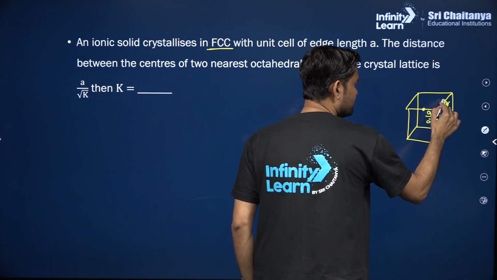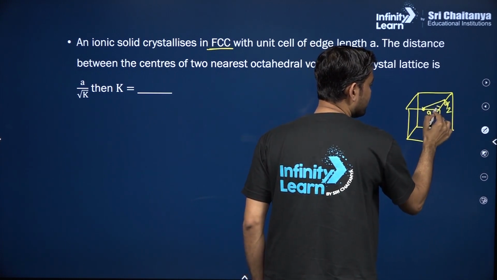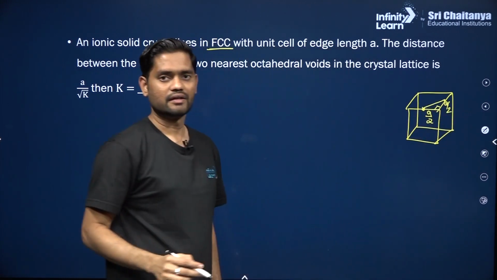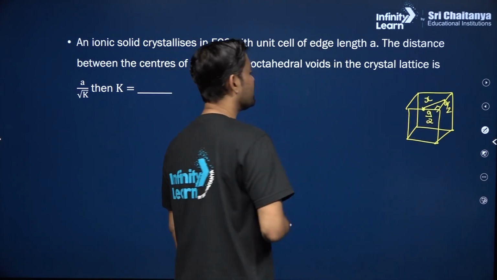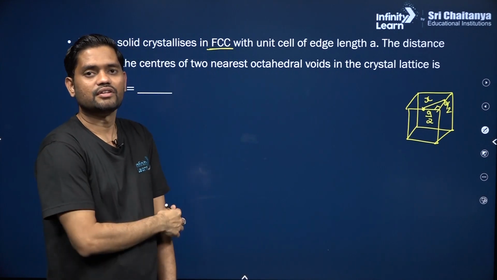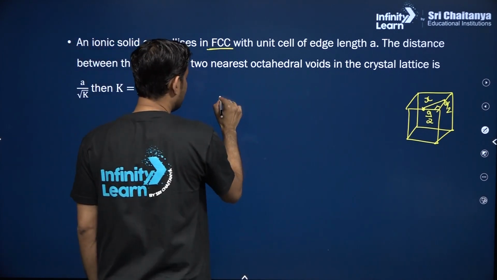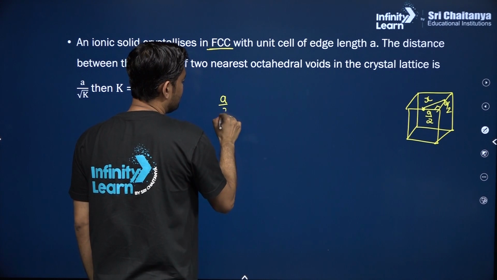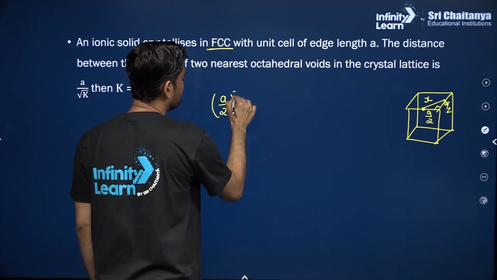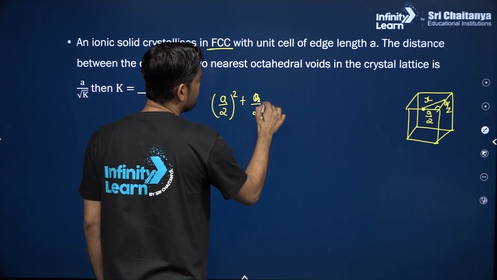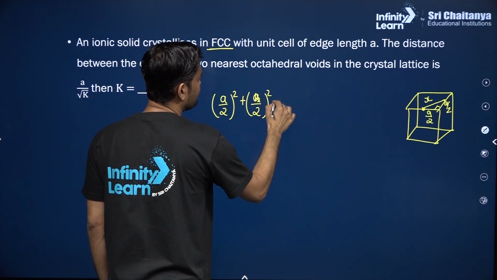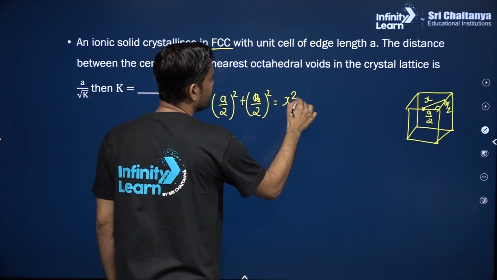We'll take the distance over here, and this is x, and this is a right angle triangle. We don't know this x, we need to calculate this x. That's what they have asked. So according to Pythagoras theorem, a by 2 square plus b square, that is again a by 2 square, equal to x square.